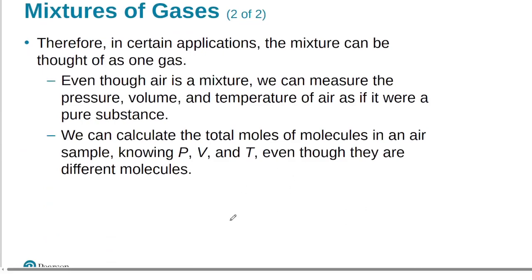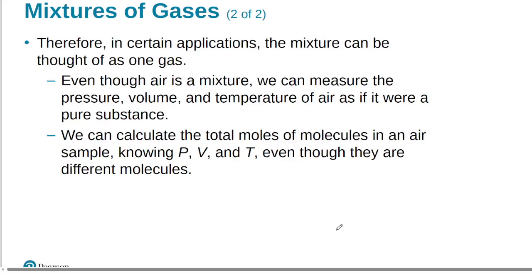And therefore, we can calculate the total pressure of gases, probably a better way to express that, from the partial pressures of the gases. And we'll look at that in just a few minutes.